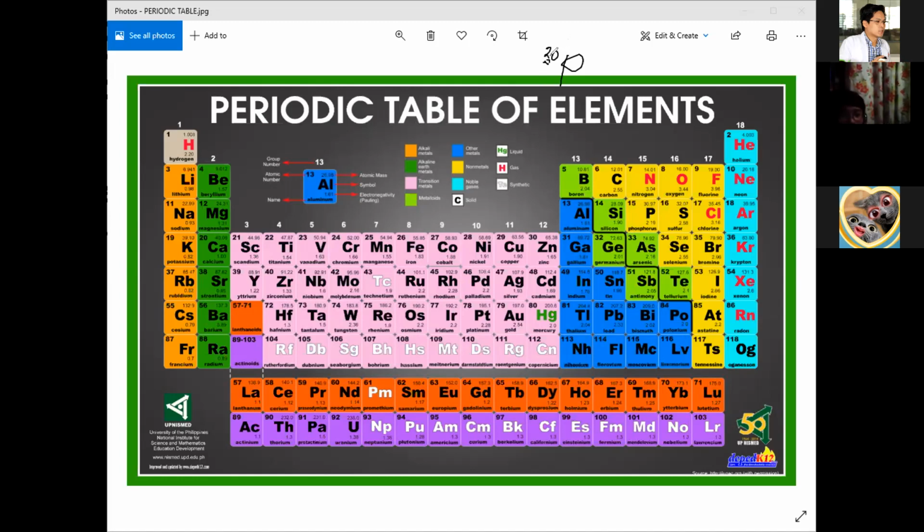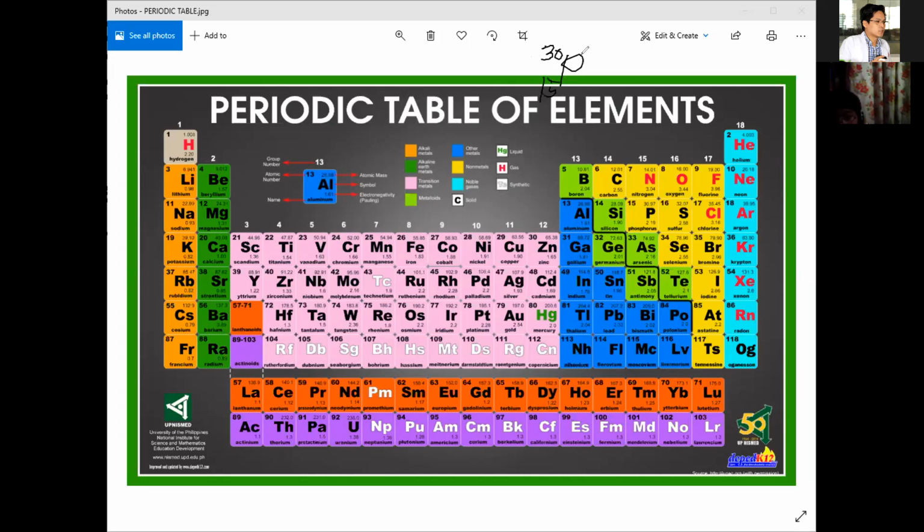And the atomic number for phosphorus is, what is the atomic number of phosphorus? Anybody? Robbie? 15.